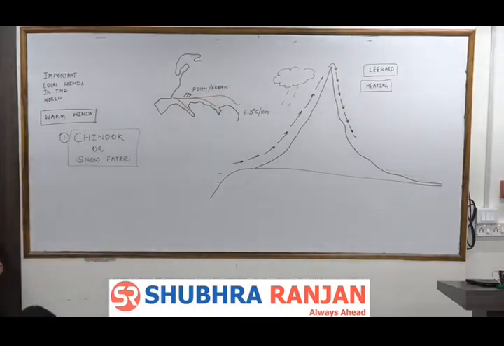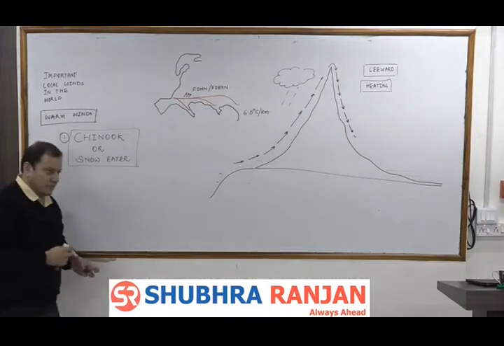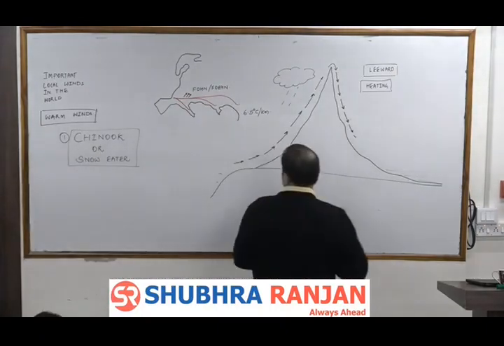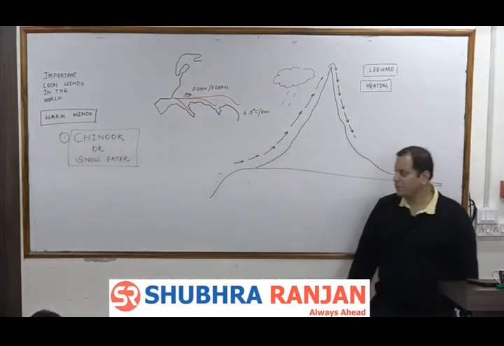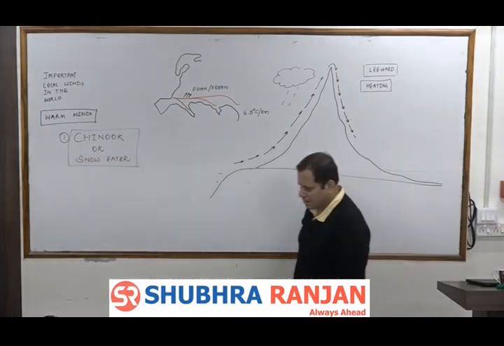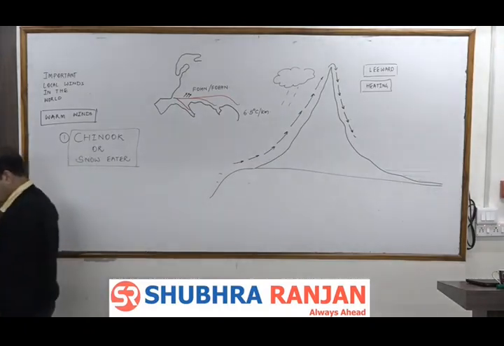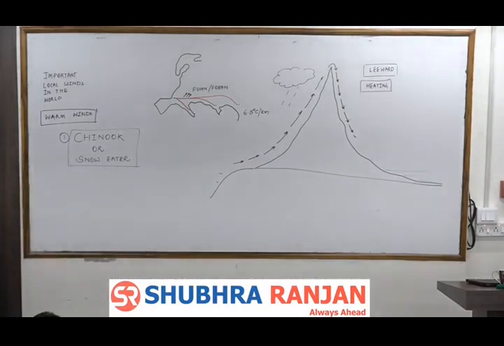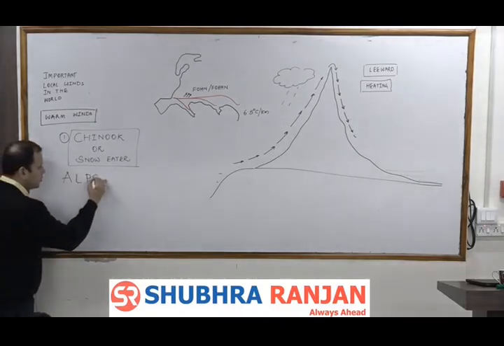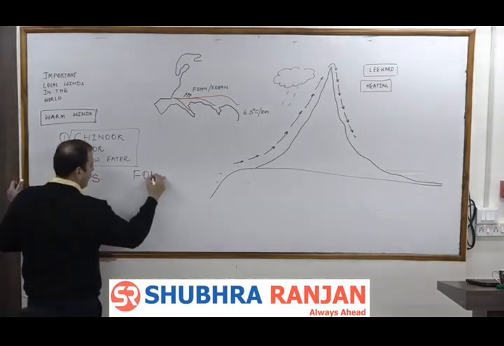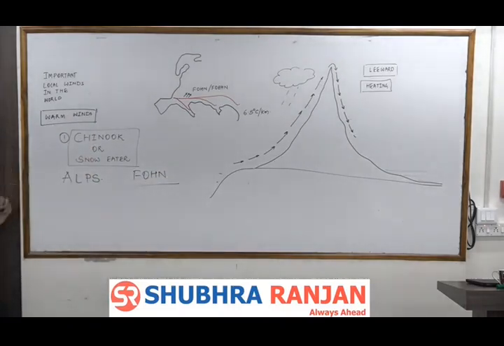Next point, similar wind which flows on the northern slope of the Alps, alpine mountains, is known as fawn or fohn, जो भी लिखना है spelling is known as fawn.